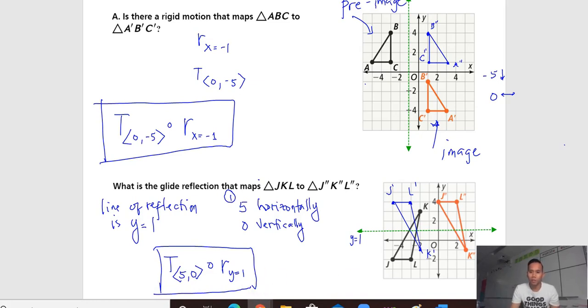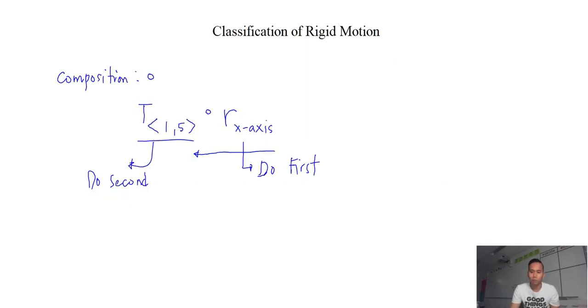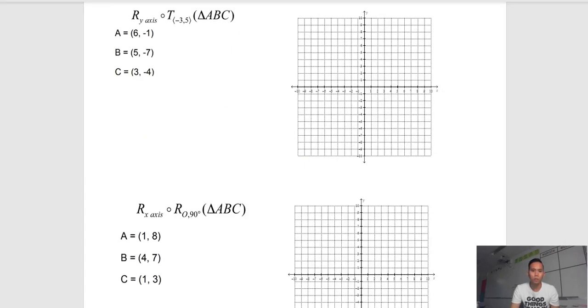All right, next example we have here, we try to do the composition. So the first thing I have to do is maybe I'll just use black here. I'm going to locate my points A, B, and C. So my A is (6, -1).